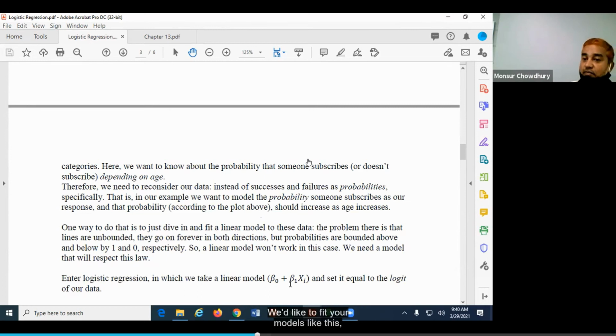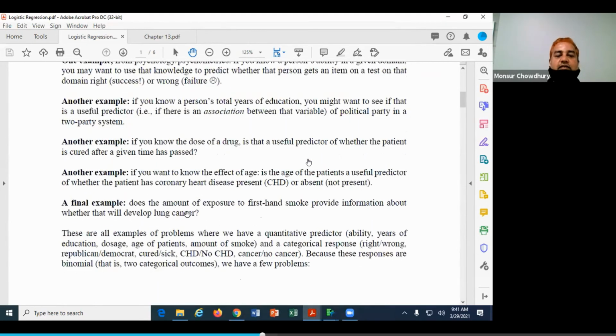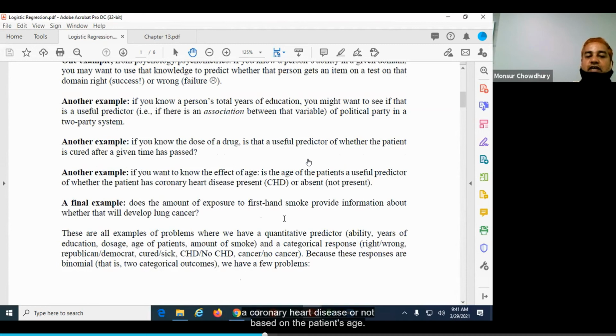So we'd like to fit a model like this, and this model is called the logistic regression model, where our response variable is categorical, and we'd like to predict whether, let's say if we consider any example like this, a patient will have coronary heart disease or not based on the patient's age.